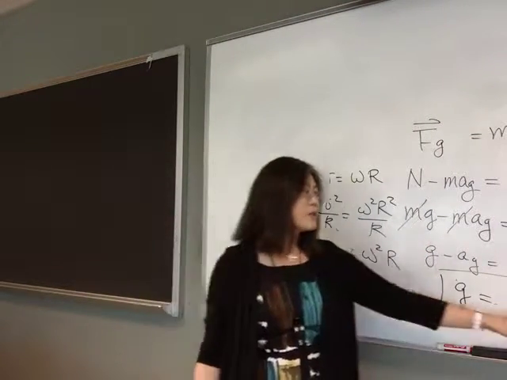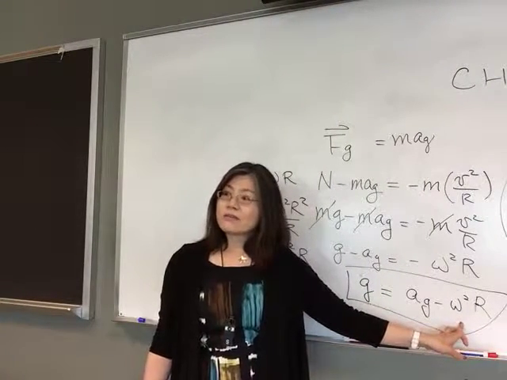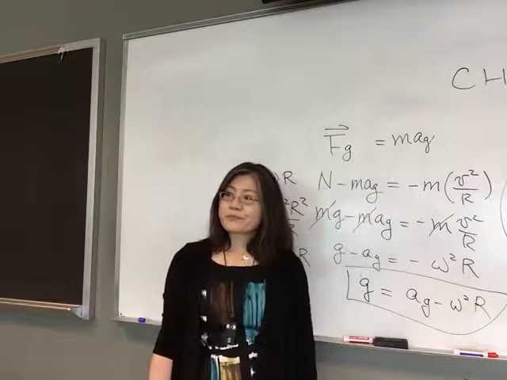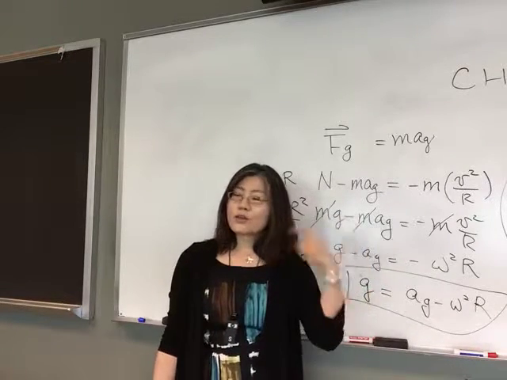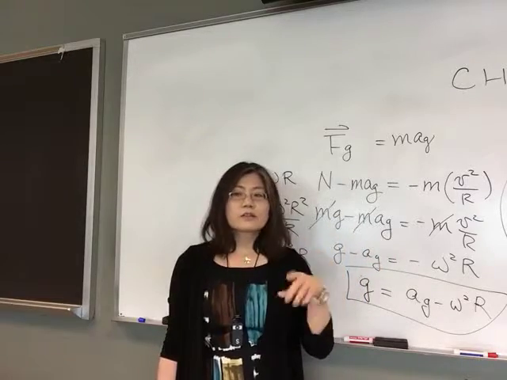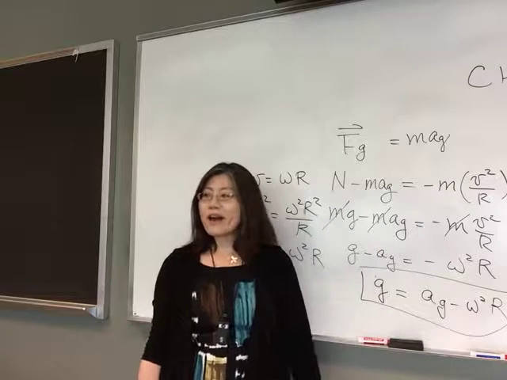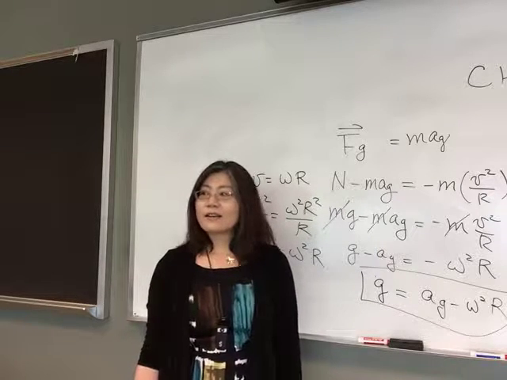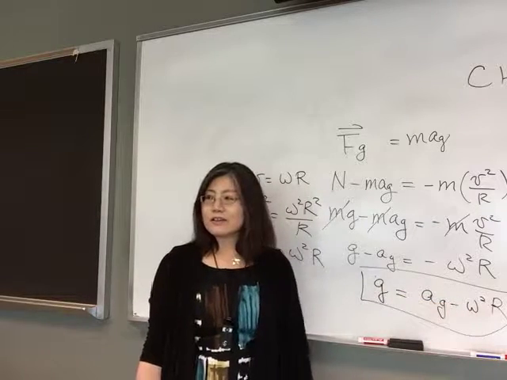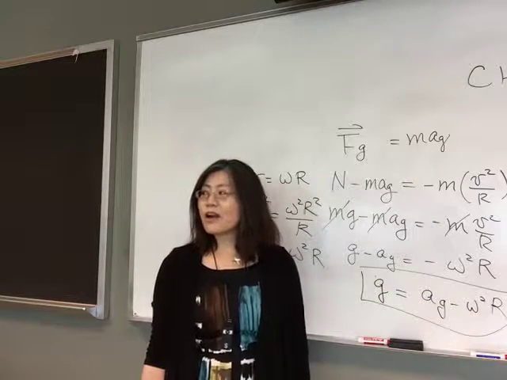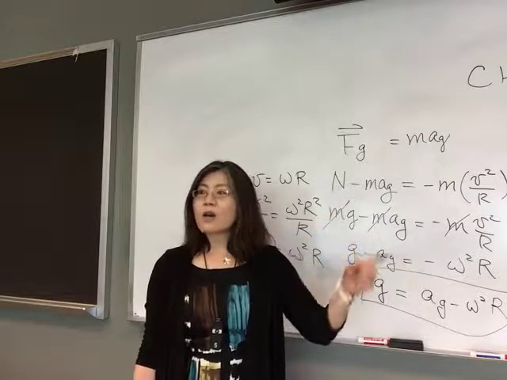After you punch in the calculator, what is your omega of the Earth? How do we find omega? The rotational rate of the Earth, how do you calculate omega? You don't even have to go through anything complicated. The Earth repeats its motion every 24 hours.